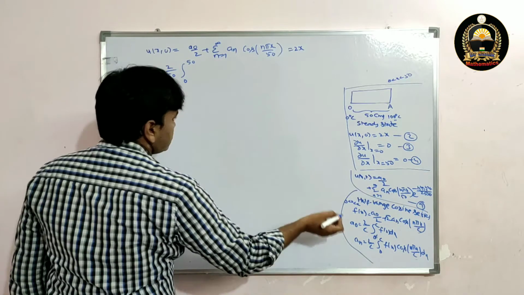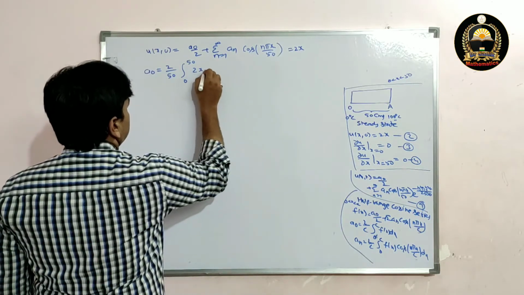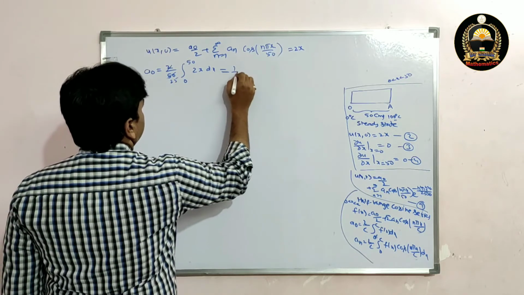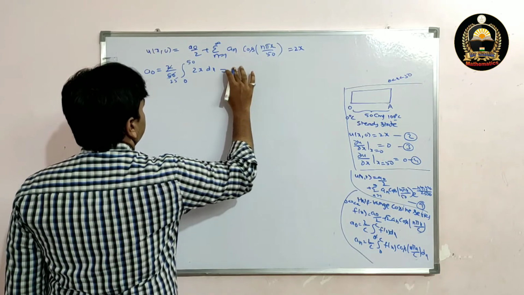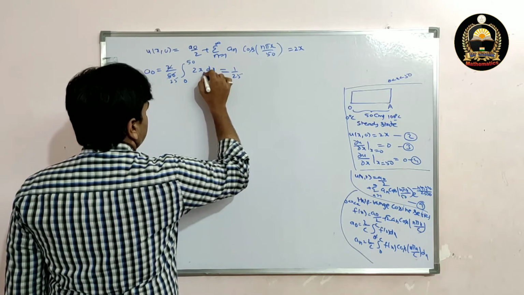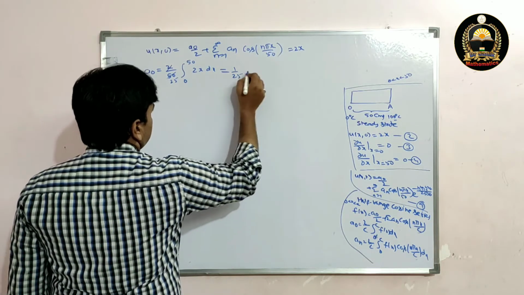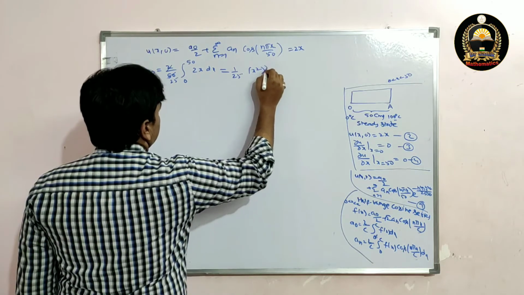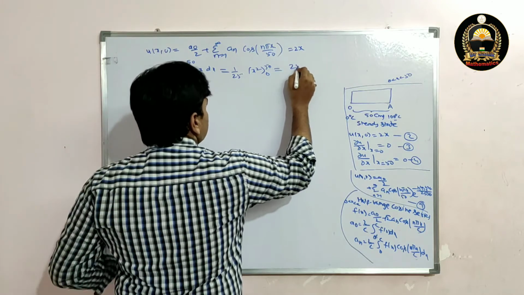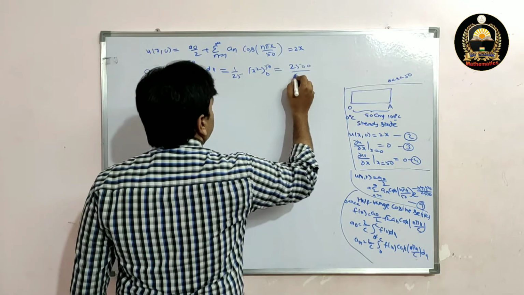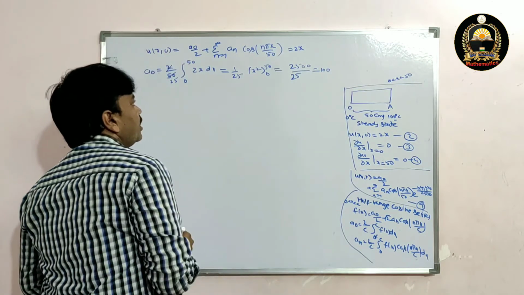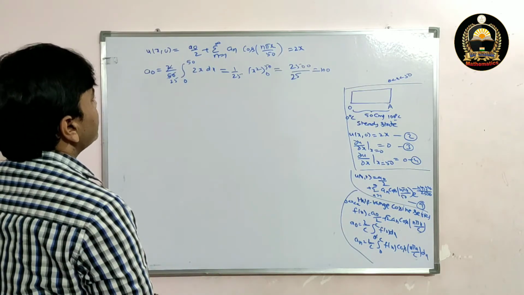What is f of x? f of x is 2x dx, that is equal to 1 by 25, because the integral of 2x is x square by 2, the 2 cancels, and we get x square from 0 to 50. That is 50 square, so 2500 by 25, so we get 100. This is the a naught value.